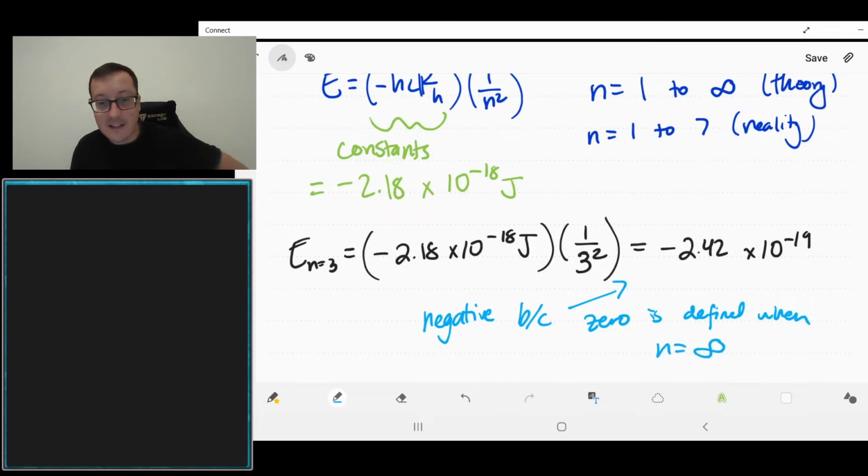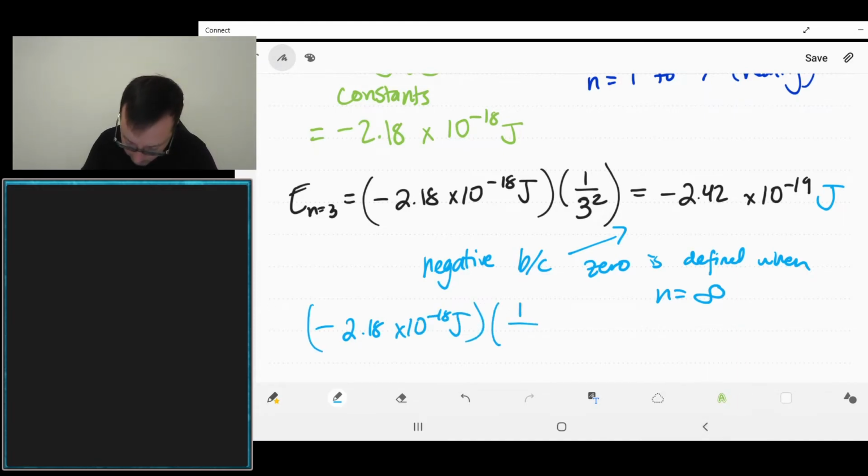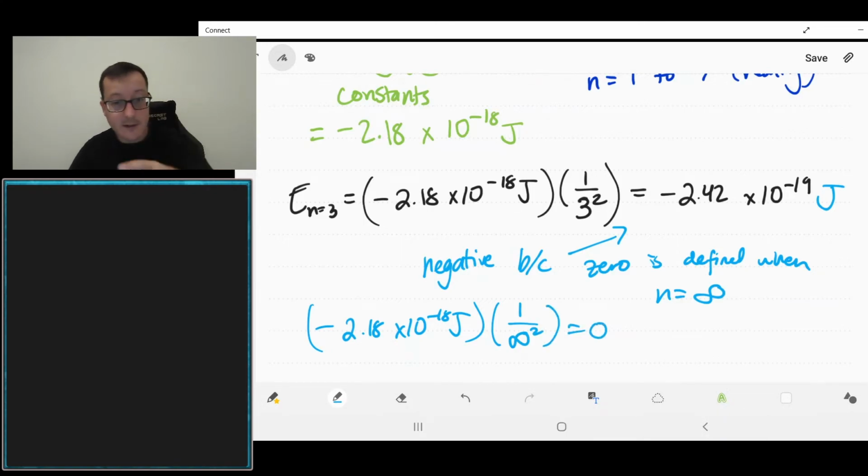So when the electron has left the atom, that's when we say 0 is the energy level. By the way, that's joules. So if we try to do this for n equals infinity, that's 0, right? So we set our 0 to be the infinity. Once we're out of the atom, once we're no longer even part of that atom anymore, that's our 0 point. And so that's why we're going to get negative numbers for these.